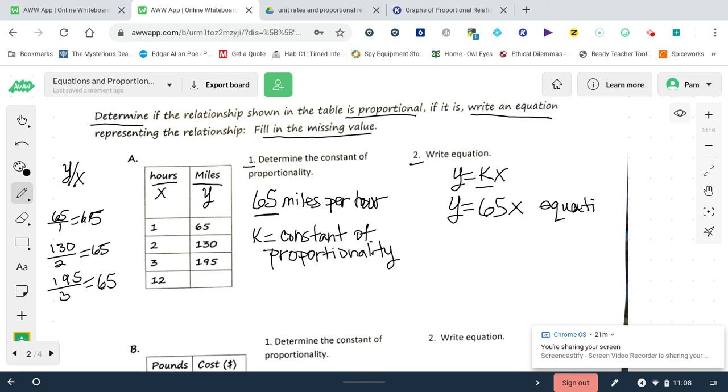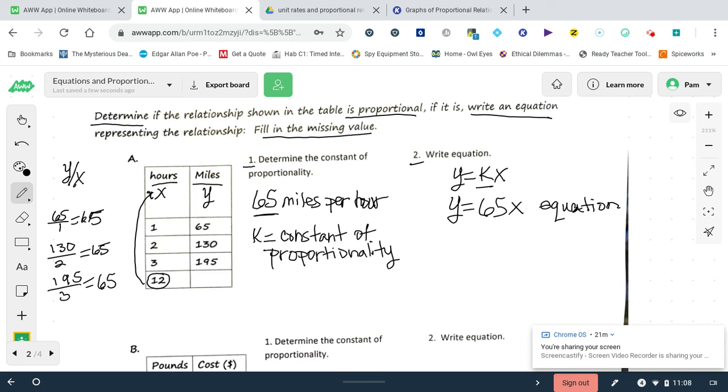Okay, now we're going to find the missing value. So all we're going to do is just throw this number in, 12. Well, 12 is an x variable. It represents x because it's in the column x, and ours is represented by the variable x.